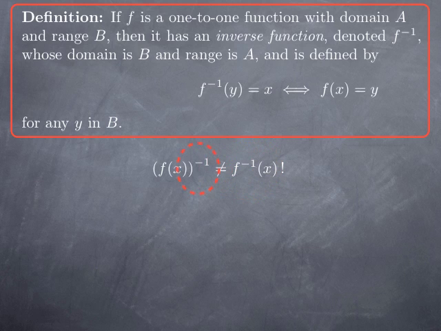On the other hand, on the left-hand side, we have f of x, which is a number, because I have plugged a certain value of x in f, so it returns a number, and I take power -1 for that. Then the convention for the power -1 next to a number, let's say 3 to the -1, is 1/3. Right? So here the -1 as an exponent stands for the multiplicative inverse.